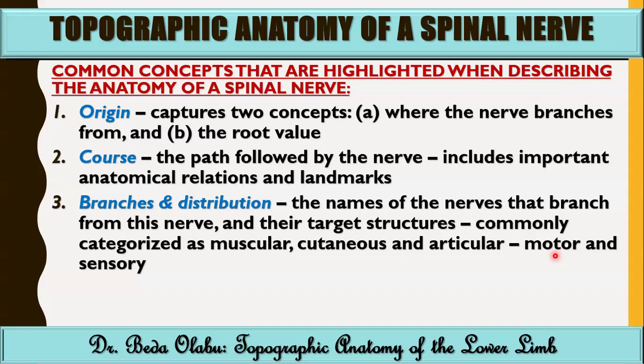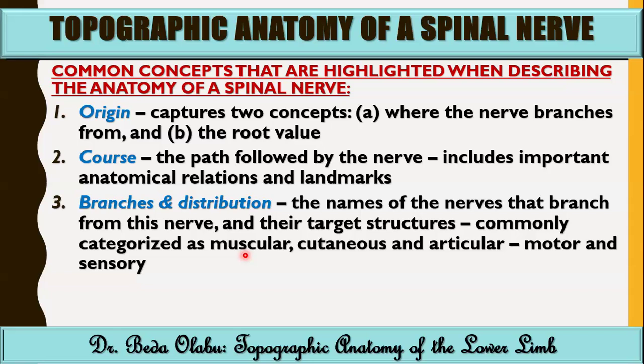It's more of the somatic motor distribution. Occasionally, this could also be visceral motor distribution. So when you talk of motor, most of the time it's skeletal motor distribution, in which case we just call them the muscular branches. Those are the ones that go to muscles.